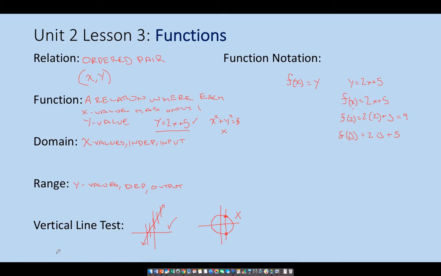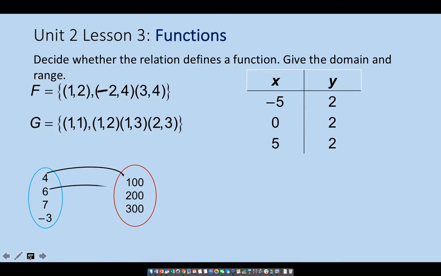All right, let's get into some examples. So here we go. Again, does every x value have its own y value? That's what we're asking ourselves. And sometimes you look at it and think, oh gosh, here I have the same y value, does that mean it's a function? Does it mean it's not a function? You can just draw a quick little graph.